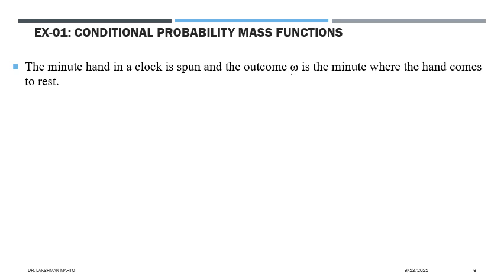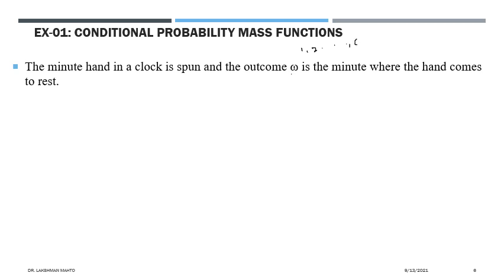If you go outcome-wise, each outcome deals with the stopping of the minute hand at a particular place. So omega will take 1, 2, 3, 4, 5, and it will go up to 60. And the situation here is equally likely.